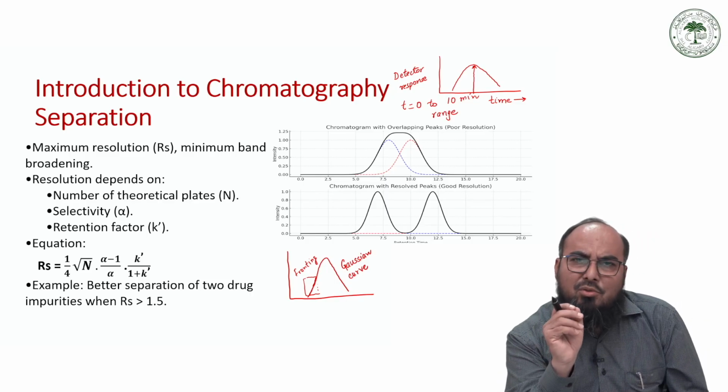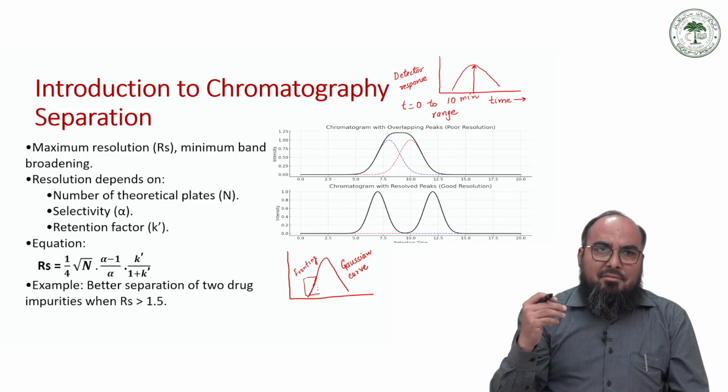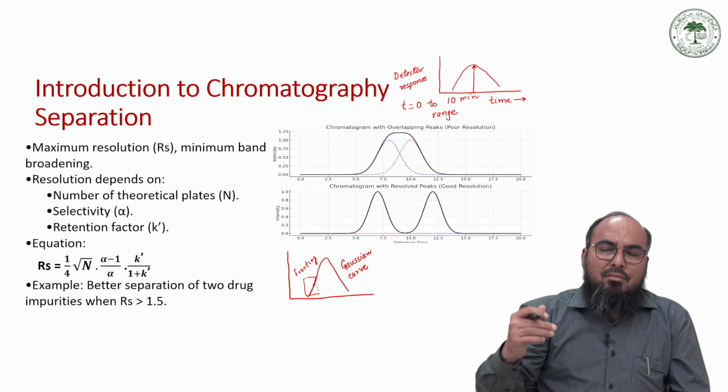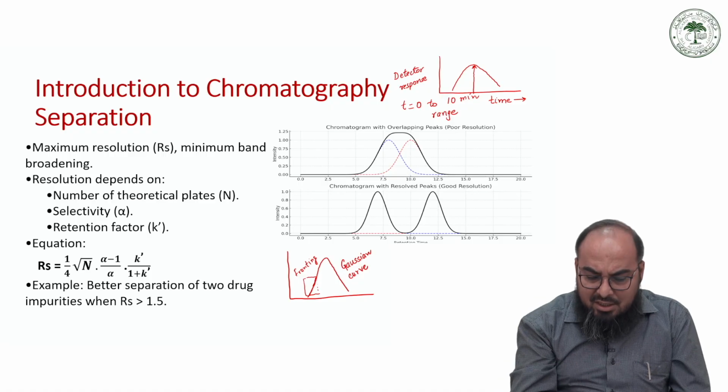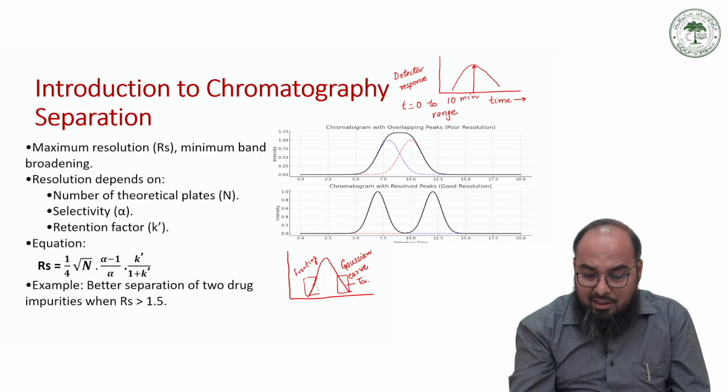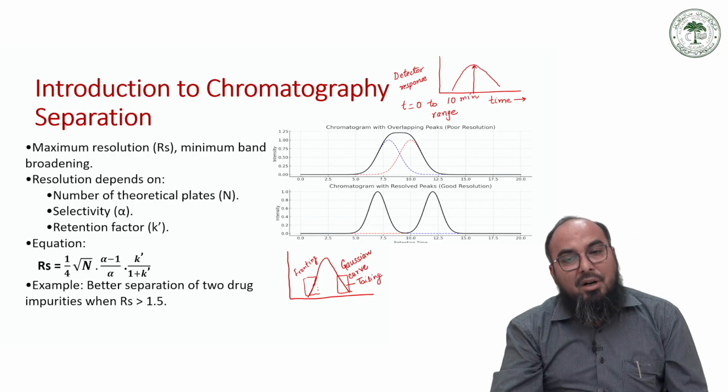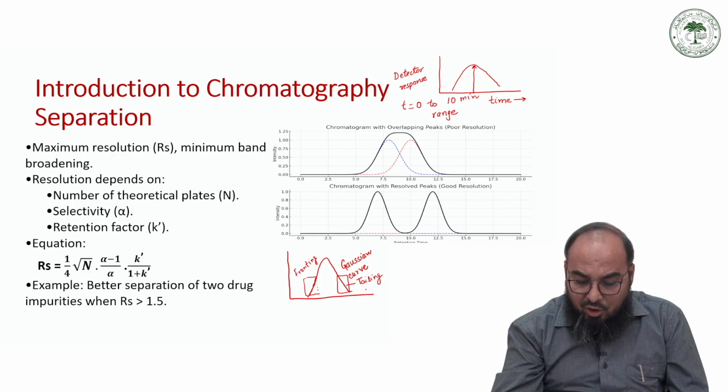Similarly, the solute molecules which lag behind, which are eluting after a certain time or after retaining more, after having more interaction with the stationary phase, are going to elute at a later time. This part of the curve is called the tailing part, the tail.